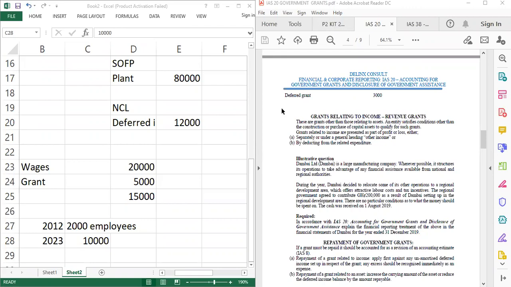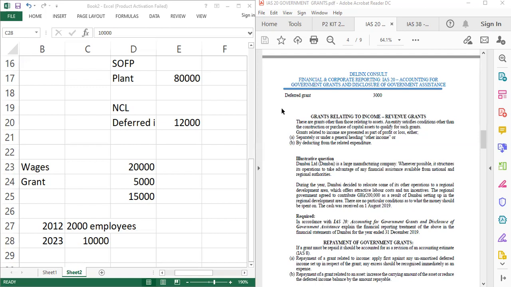The regional government agreed to contribute 200,000 Ghana cedis as a result of setting up in the regional development area. There are no particular conditions as to what the money should be spent on. The cash was received on 1st August 2019.